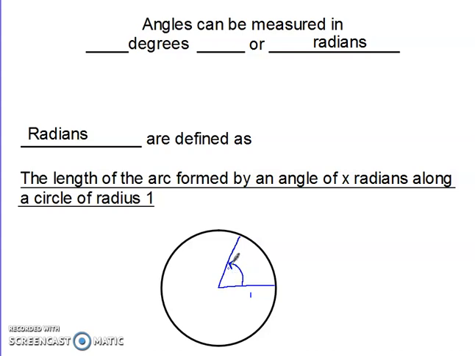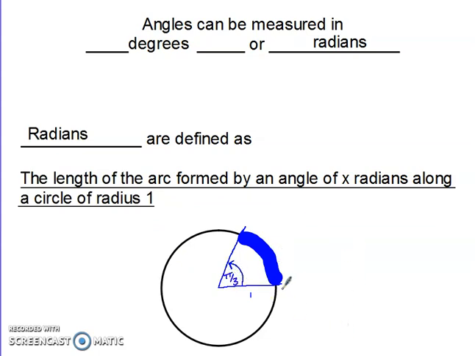Degrees is a more common measurement up until this point, but radians has a special relationship to the outside of the circle. Now, the distance that I traveled along the outside of the circle, I'm going to do this in very dark blue, is going to be equal to the number of radians that we traveled from the initial side to the terminal side. So maybe this is something like pi over 3 radians.